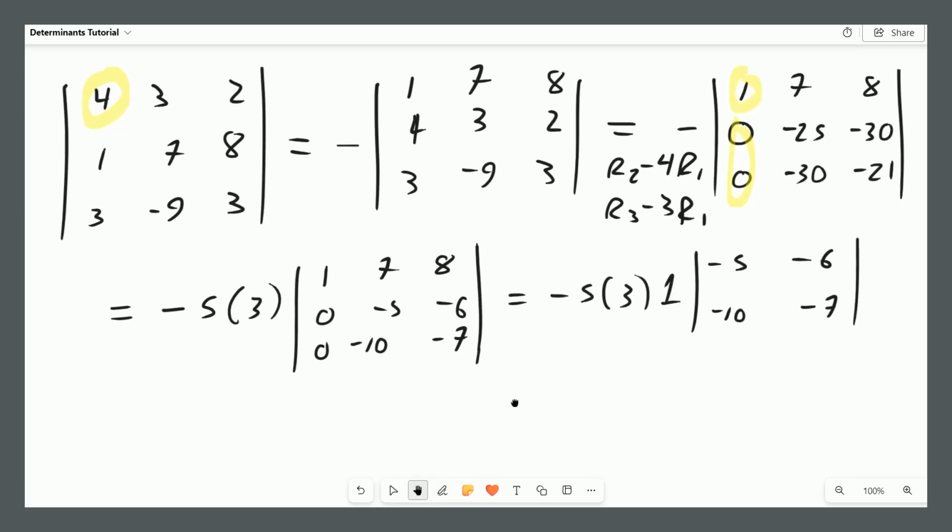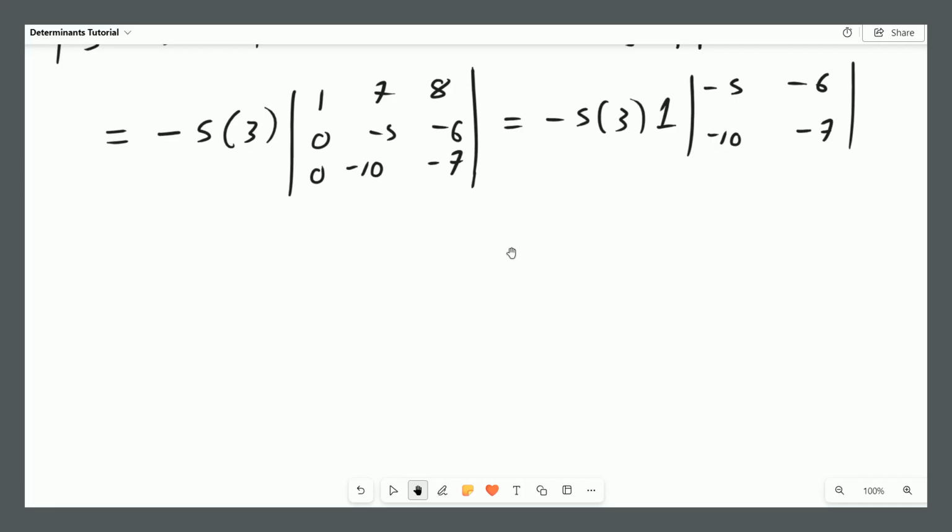Now we can multiply both rows by -1, which is going to multiply our determinant by -1 twice, which essentially means the determinant doesn't change. So we can write this without the negatives as 5, 6, 10, and 7. That makes things a little easier.